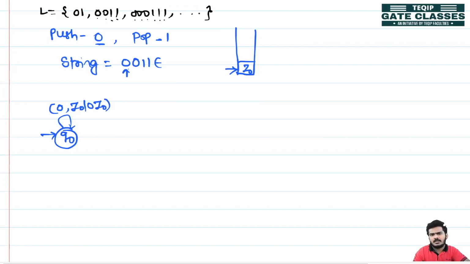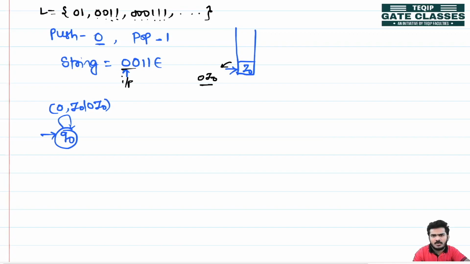Easily we can say that when we are asking about input, this is the input and this is the bottom of the stack. So whenever input comes and the bottom of the stack is there, we will pull out that Z0 and hold it, and once we read the string, after that we will decide what to do with it. Now we have decided to push 0 Z0.